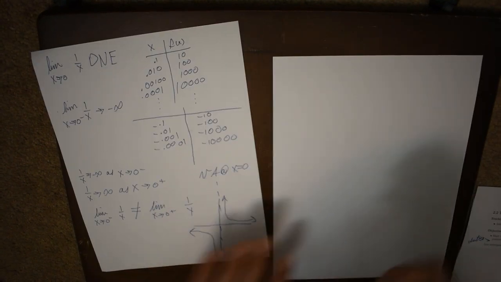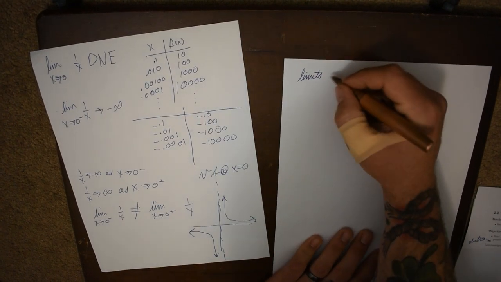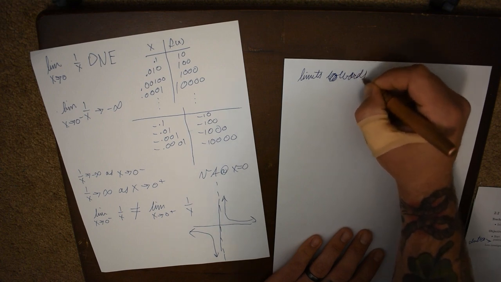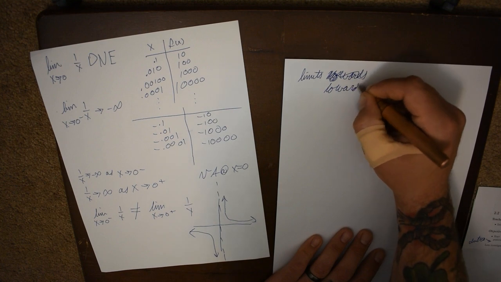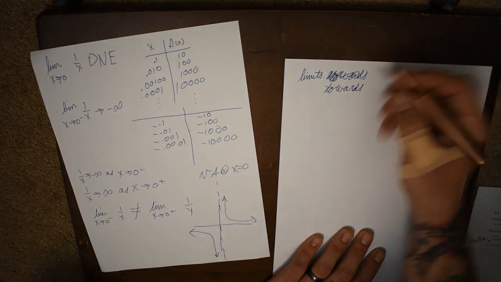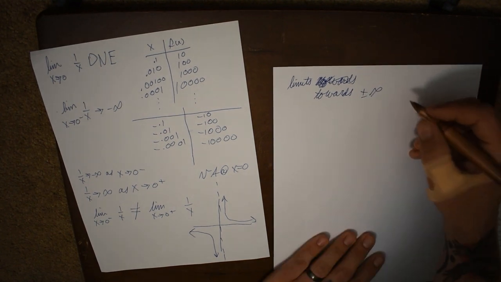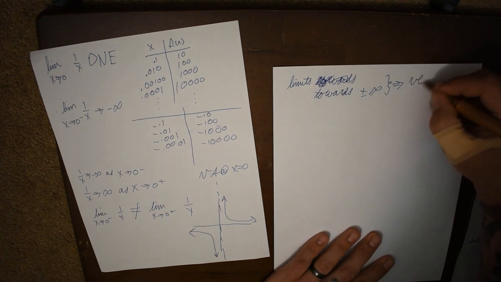These limits towards infinity, plus or minus infinity, this idea is the same thing as vertical asymptotes.